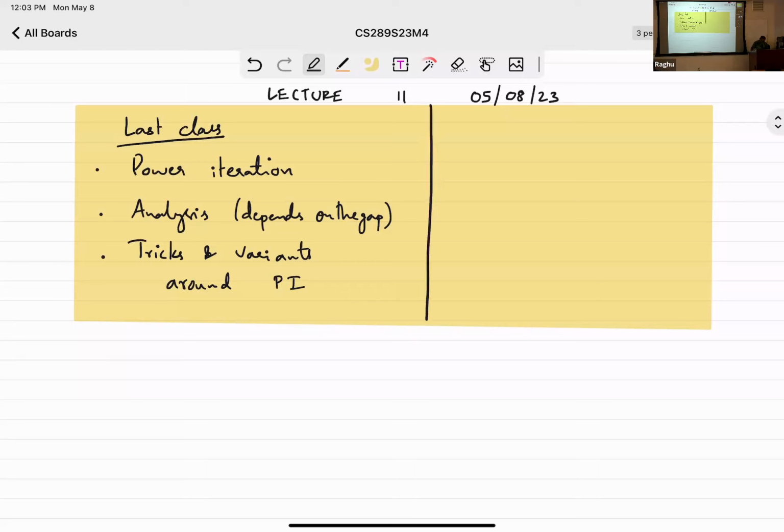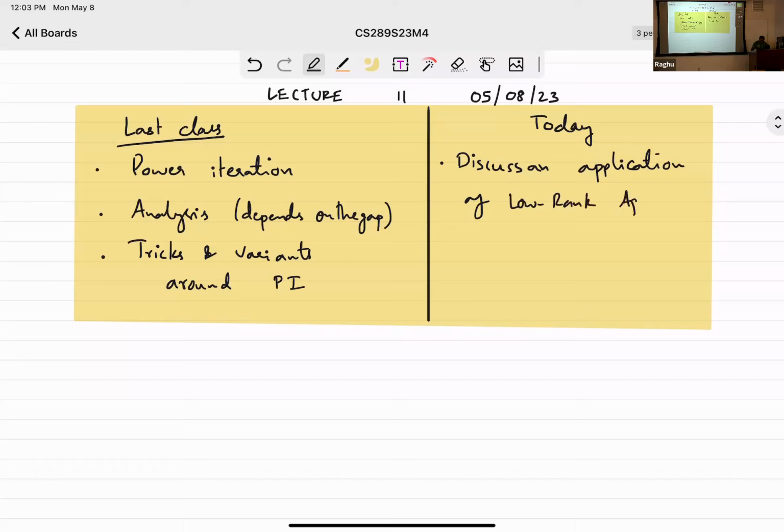And today what I want to do is discuss an application of low rank approximation, where SVD is something a little more non-trivial than what we discussed earlier, especially for the matrix compression problem.